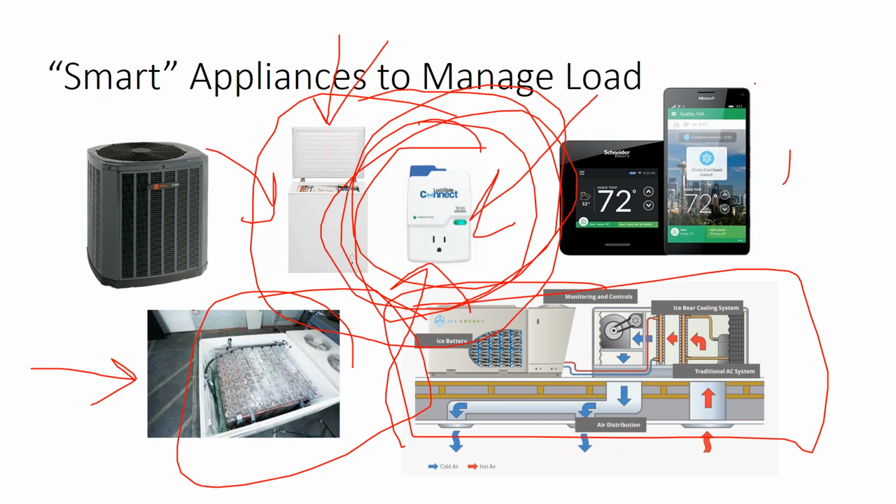Schneider makes a thermostat that will detect when people are in the home versus leaving, but it'll also connect to your phone's GPS so that if you've left for work and then the system detects that you're coming home, it'll turn the air conditioning on.